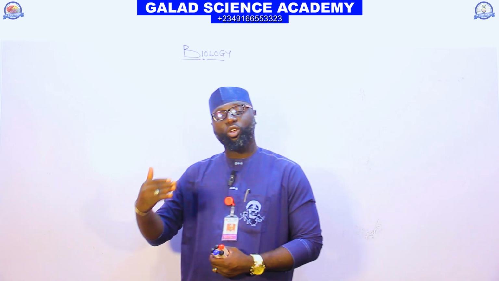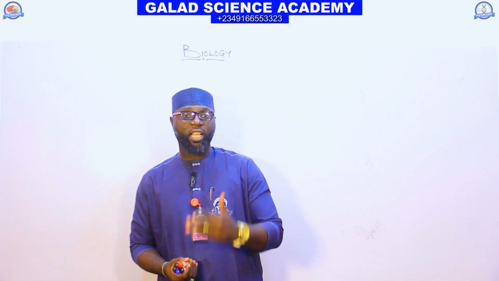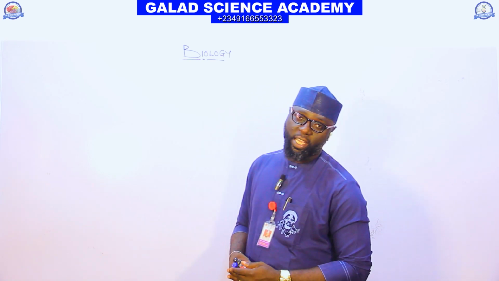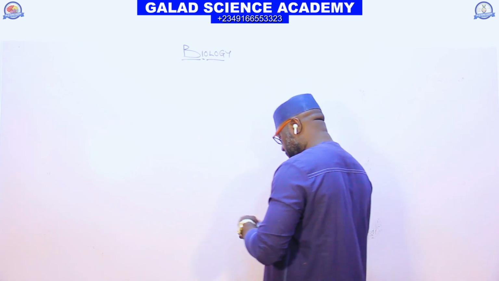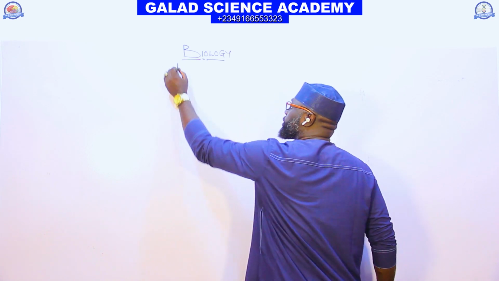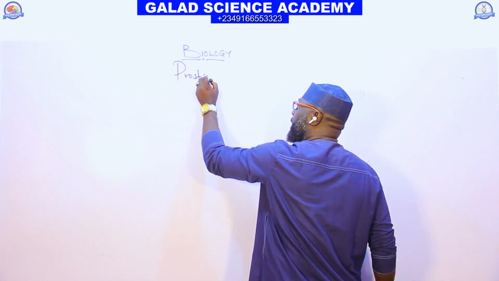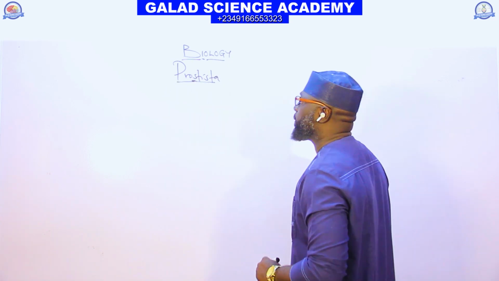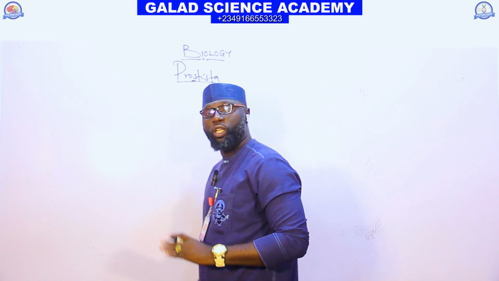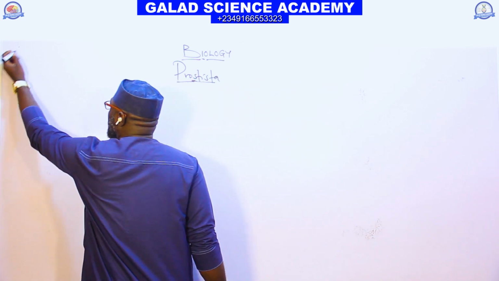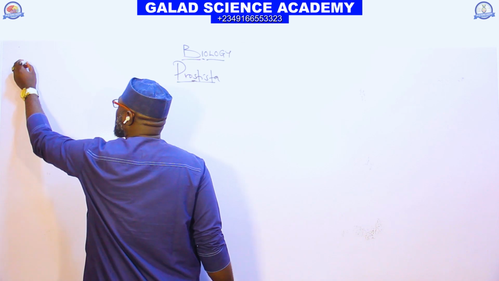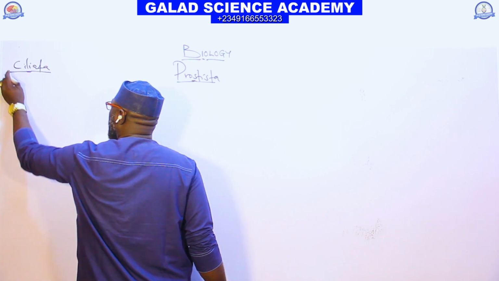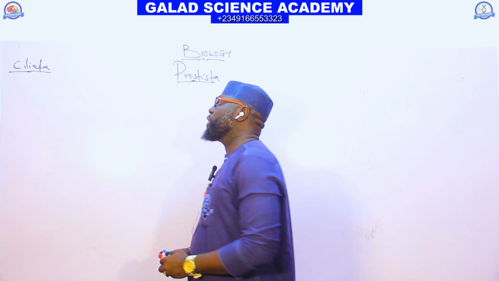The next class of protozoa that we need to treat in this class is class Ciliophora or Ciliata. Under Protista, the class we need to treat now is Ciliophora or Ciliata.